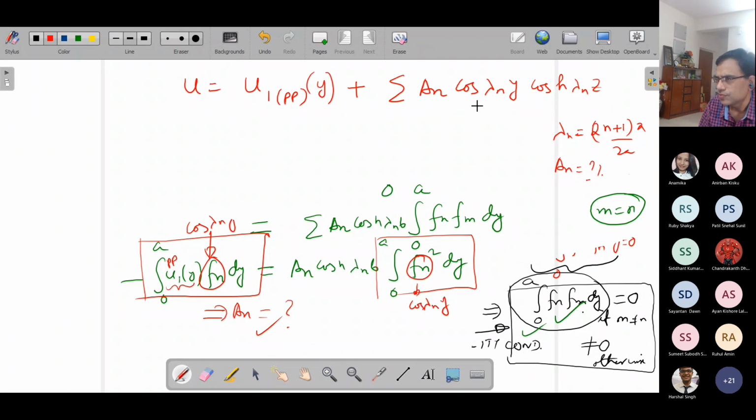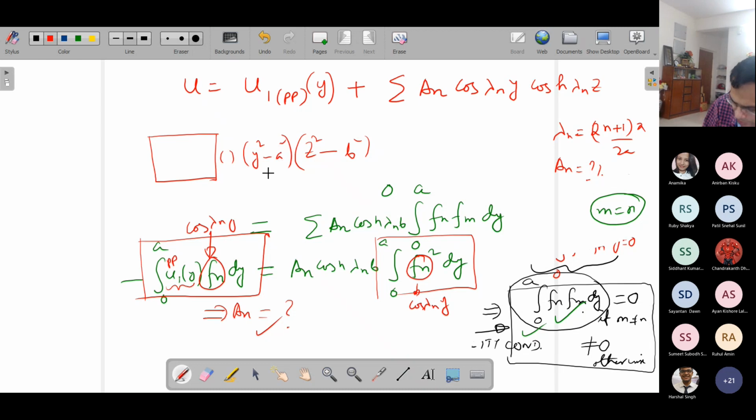is a scenario where we can compare the approximate solution for this rectangular channel. There was one approximate solution we had, of the form something into (y square minus a square) into (z square minus b square).